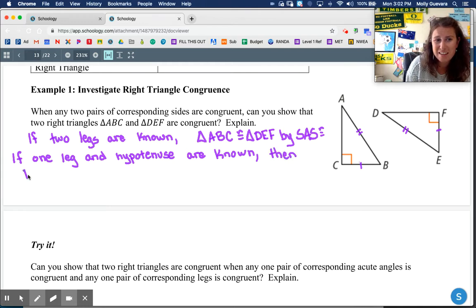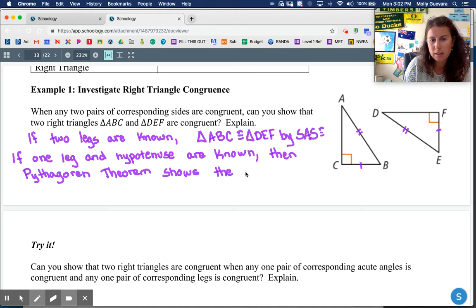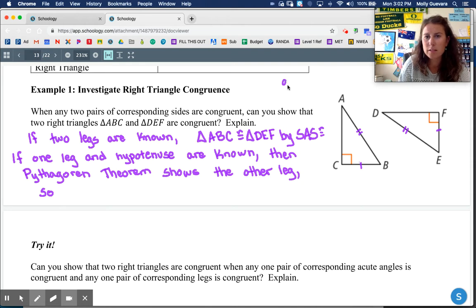So we can say that then Pythagorean theorem shows the other leg. So, all right, so let's think about this. I'm going to use my a squared plus b squared equals c squared. That's my Pythagorean theorem. I can use that to find the final leg, this guy right here. That means that I have all three sides.